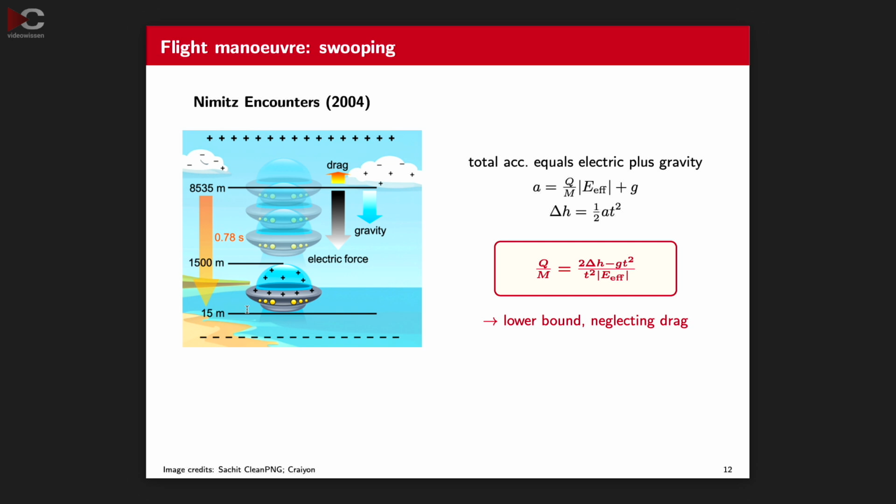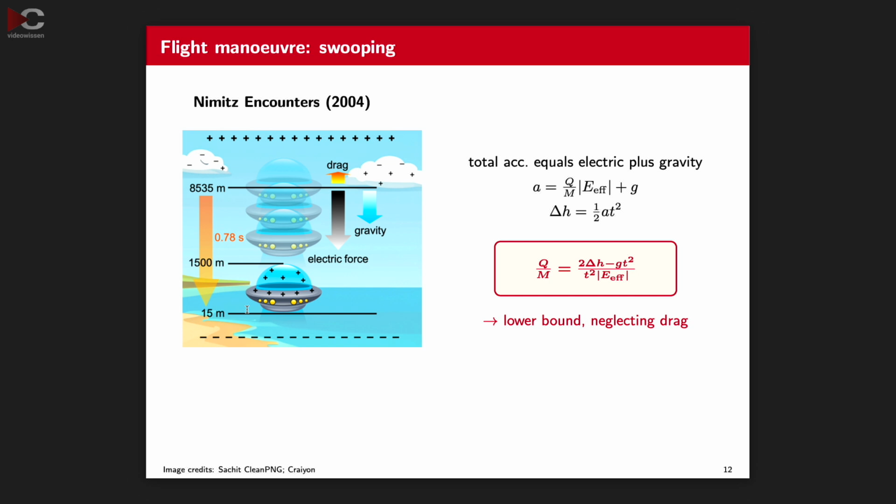And for the sake of simplicity, to get just a first rough estimate, I now assume that we have a local electrical field driving this motion, and I assume that it's just an effective averaged electrical field over the entire height that is traveled. So the idea here is to model the total acceleration as an electric acceleration plus the gravitational acceleration, both pulling the UFO downwards.